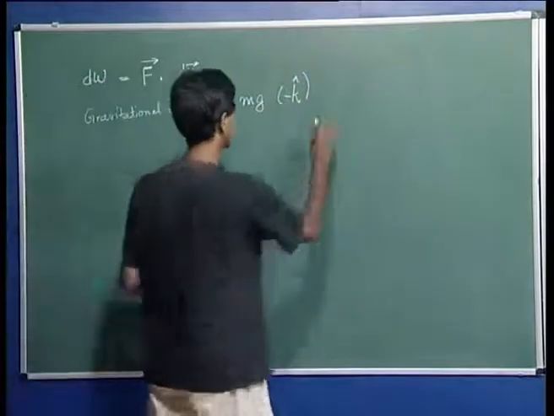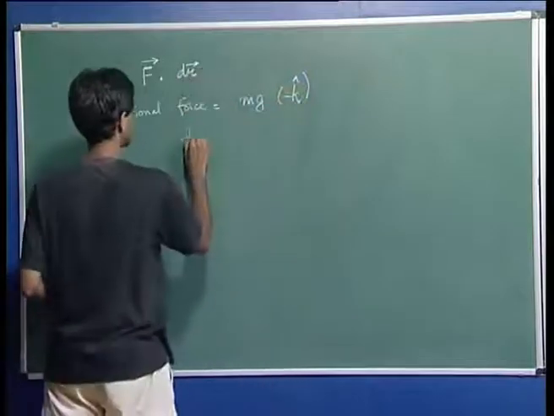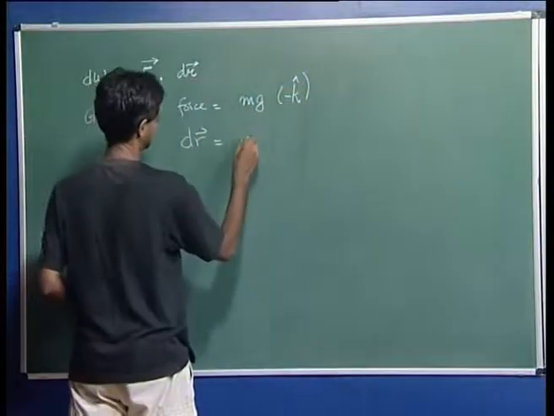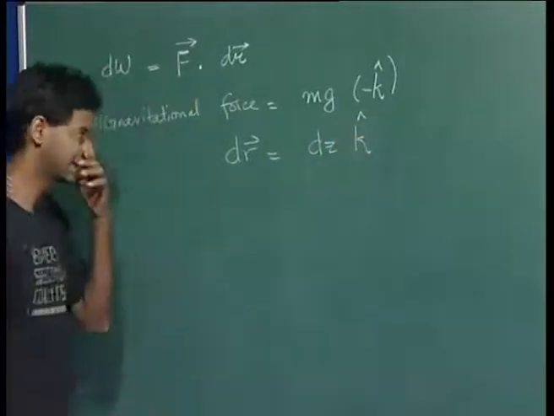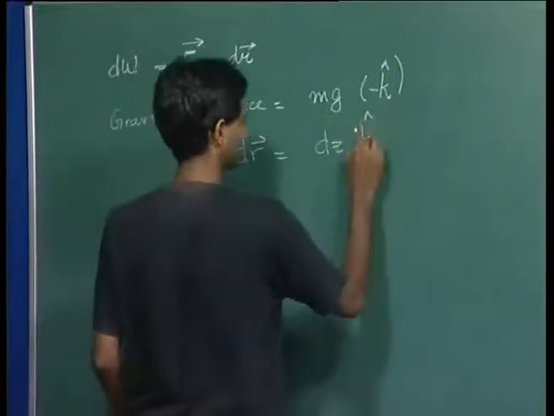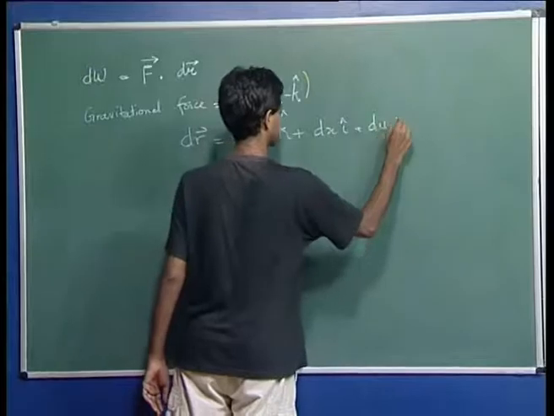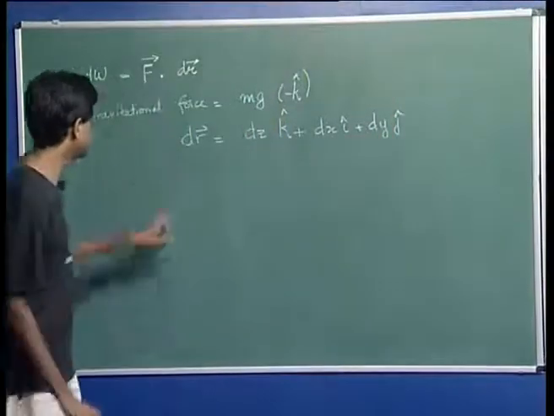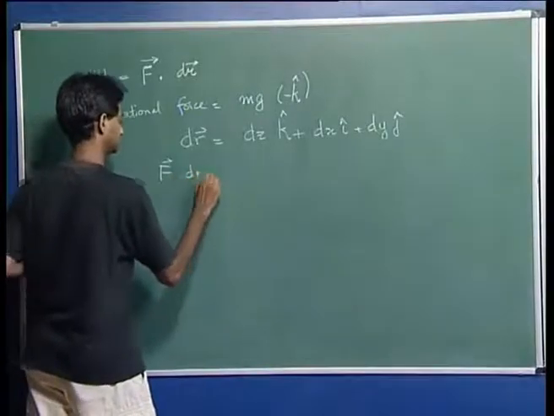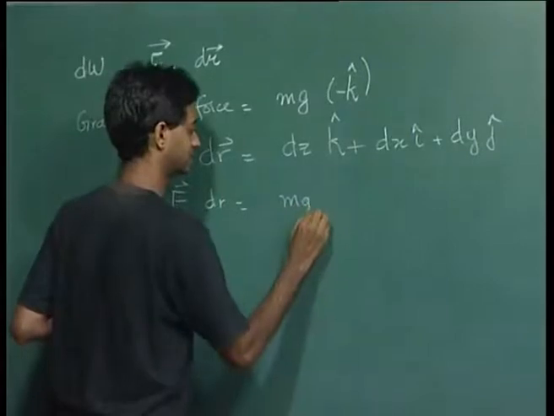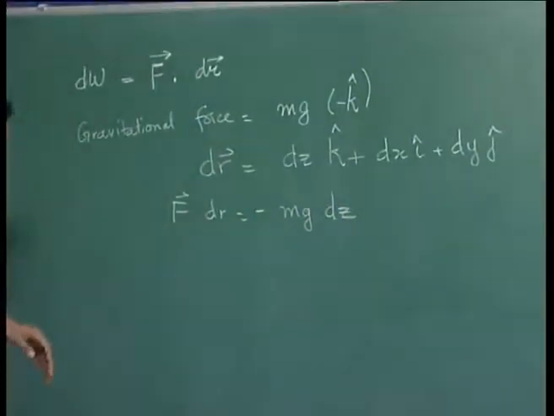If this displacement of the body is given by dz k, then F dot dr equals minus mg dz.